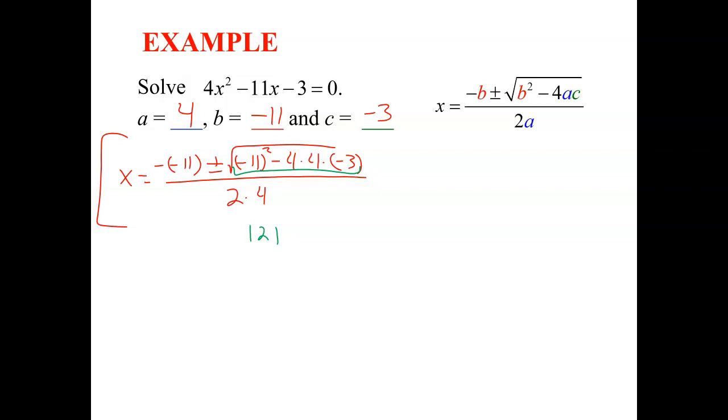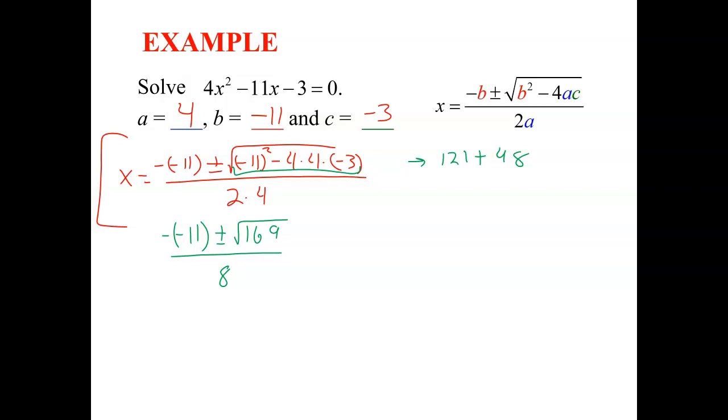Okay? And since I have a minus and I have a negative here, that ends up becoming plus. Okay? 121 plus 48. What's 121 plus 48? 169. And then 2 times 4, you get 8. Okay, so that's kind of that first step I like to do when I'm simplifying that way. I have less room for error. Just under the radical, simplify it.